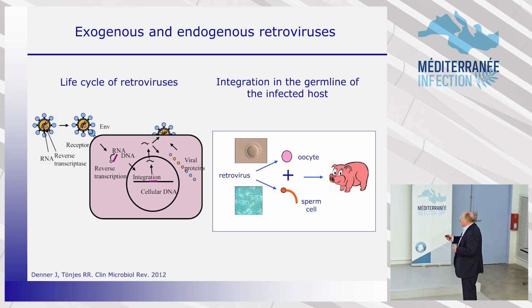But in the case a retrovirus hits an oocyte or a sperm cell, then this integrated virus is in the cell of the new organism, and so it's in all cells of the pig or of the human or of the mice, and this we call endogenous retroviruses.